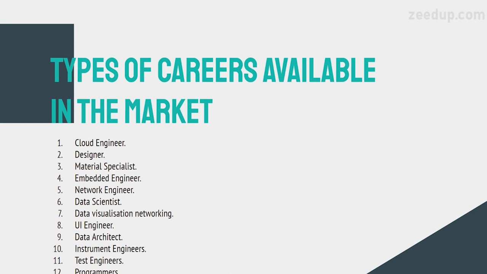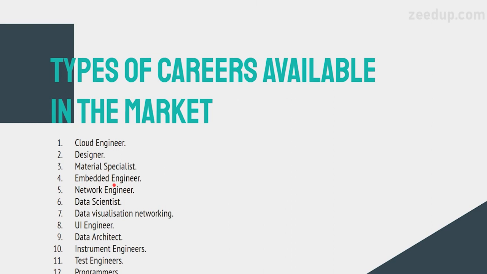Okay, and the designer, CAD designers. You know about CAD, AutoCAD, I mean 3D printing, can help the IoT industry to better design devices such as wearables. And next one is material specialist. People with this job are good at understanding and finding which material should be used that can embed a sensor in it.